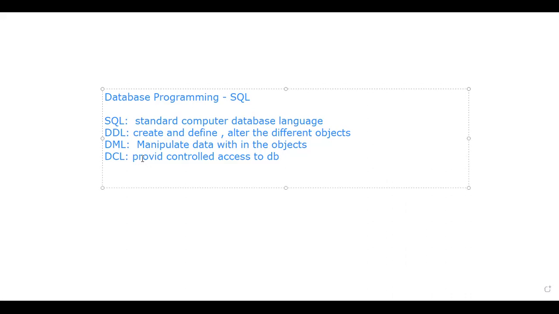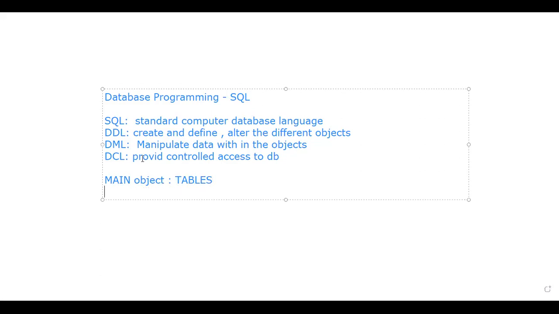And ask ourselves, whenever we talk about a database, one of the main objects that a database has is what we refer to as tables. Any database basically has tables.